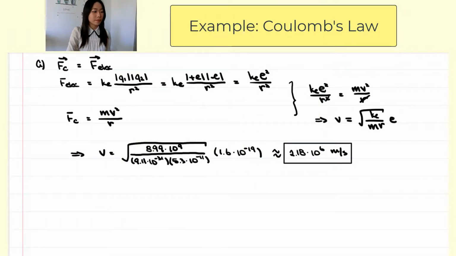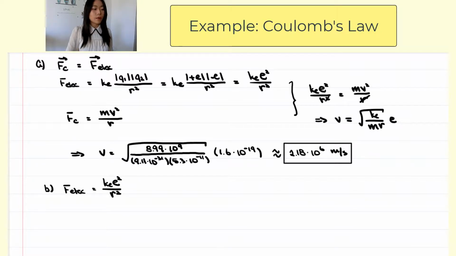Now let's look at part B. We want to compare the electric force and the gravitational force between the two charges. We already got the equation for the electric force from part A. The magnitude of the electric force is Coulomb's constant times e squared divided by r squared.